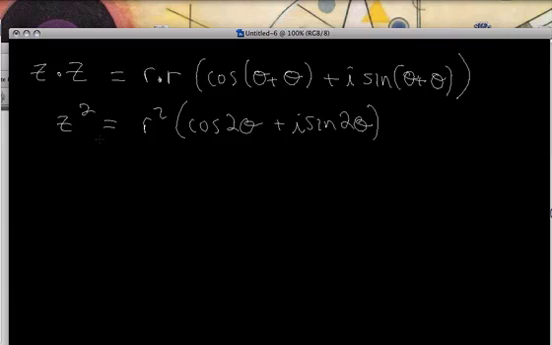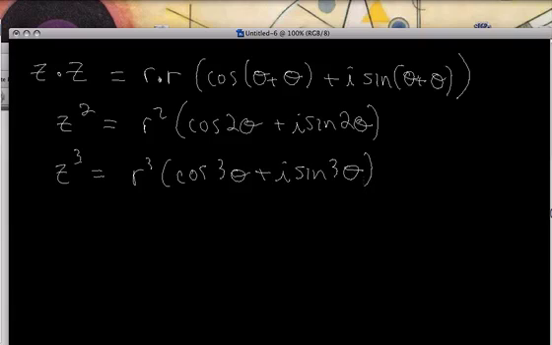And since it's a snowy day, you could multiply this by another z, and if you did, you would find that z cubed is r cubed cosine 3 theta plus I sine 3 theta, and so on. De Moivre's theorem basically is the general case.